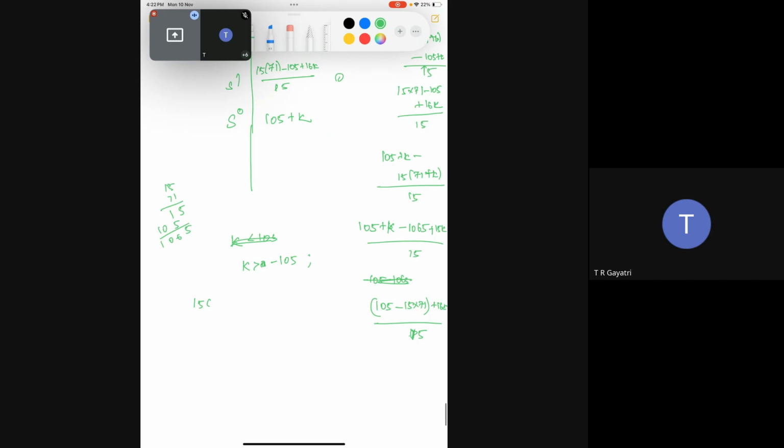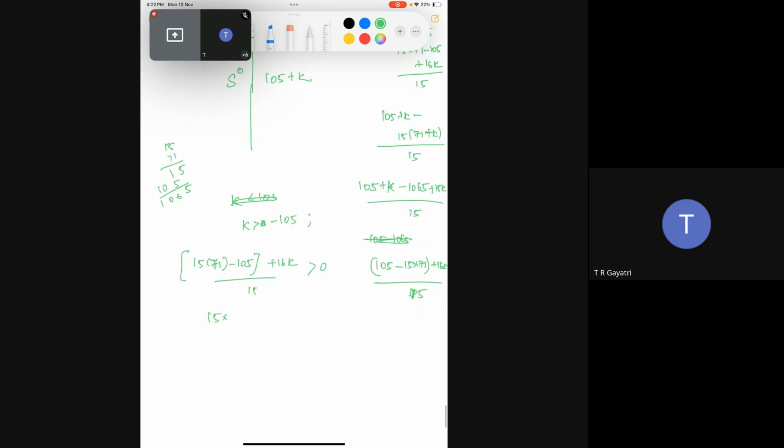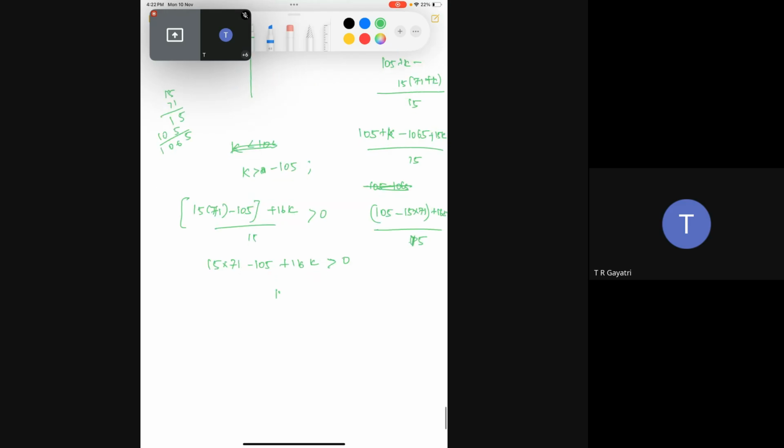Second condition, 15 into 71 and 105 plus something.